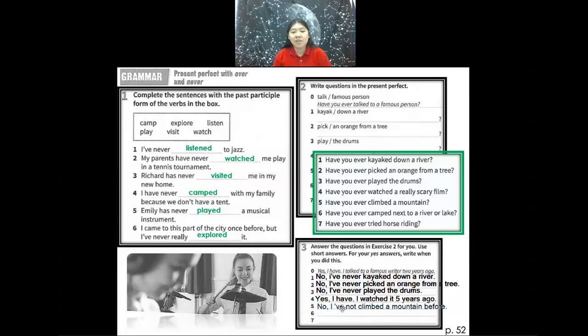Okay. Number 6, have you ever camped next to a river or lake? Yes, I have, in a jungle actually. It was next to a small stream. Not really next to, but it's very near to the campsite. Okay, so yes, I have. I camped.